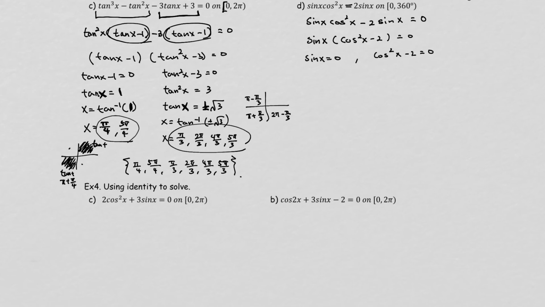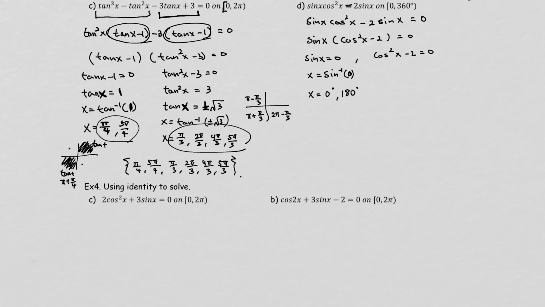So sine x equals 0 means, which angle gives you sine value 0? So that's going to be 0 and 180 degrees.